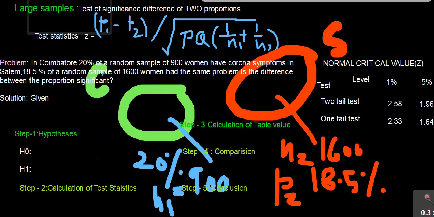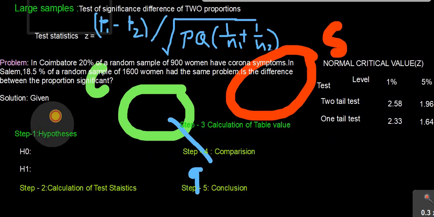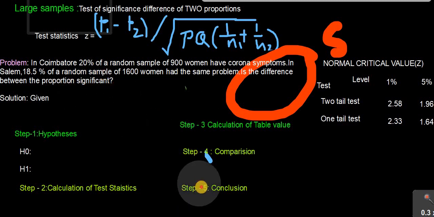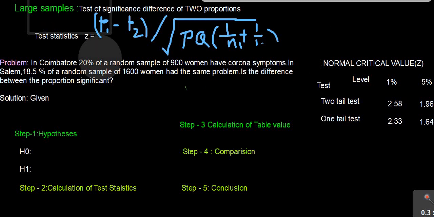Now let me take the problem, then we will discuss it. Sorry, here it is N1 and N2. As usual, N1 is given to us.